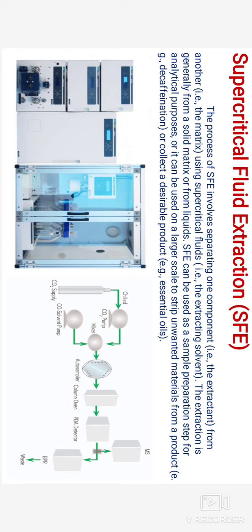It then passes into the extraction vessel, where it rapidly diffuses into the solid matrix and dissolves the material to be extracted. The dissolved material is swept from the extraction cell into a separator at lower pressure, and the extracted material settles out. The carbon dioxide is then cooled, recompressed and recycled.